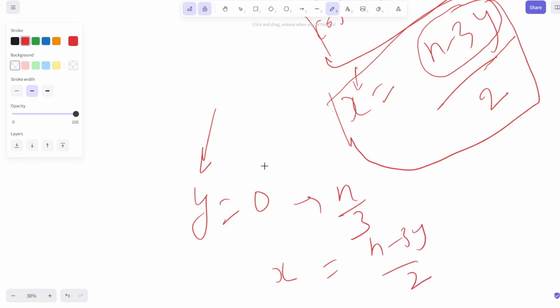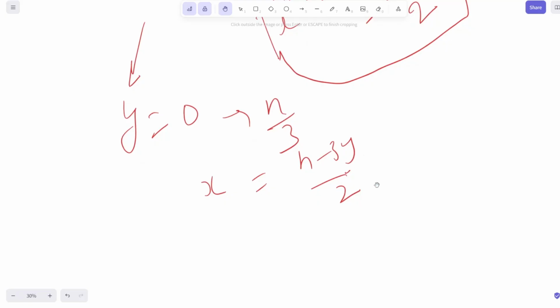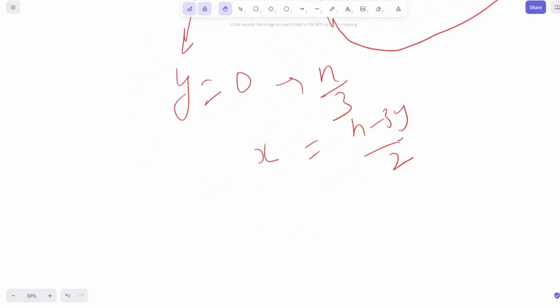A particular y is accepted only if n minus 3y is divisible by 2; otherwise we discard that value of y. Finally, we take the minimum of all those solutions, and that will be the final answer.